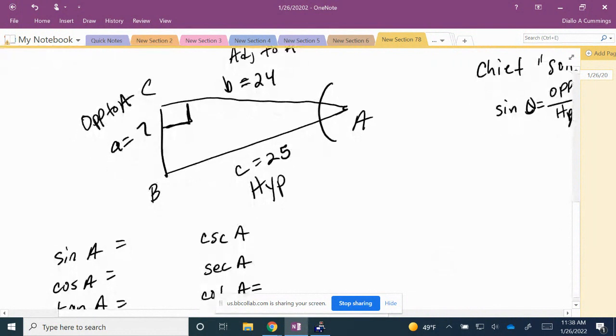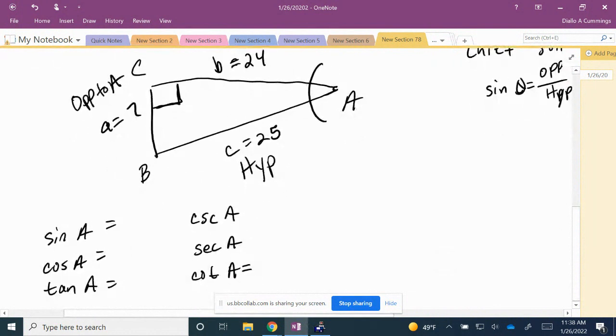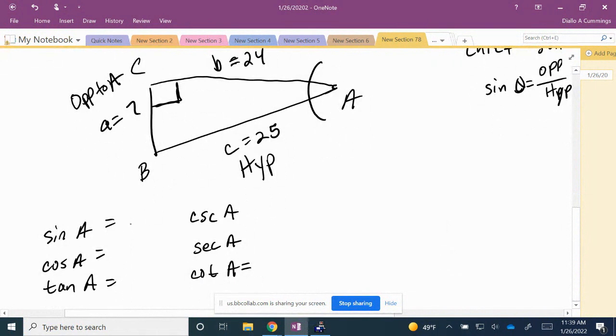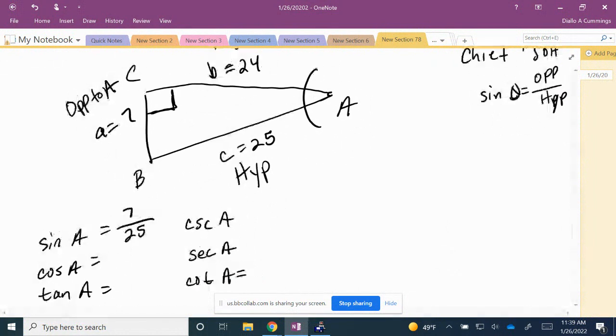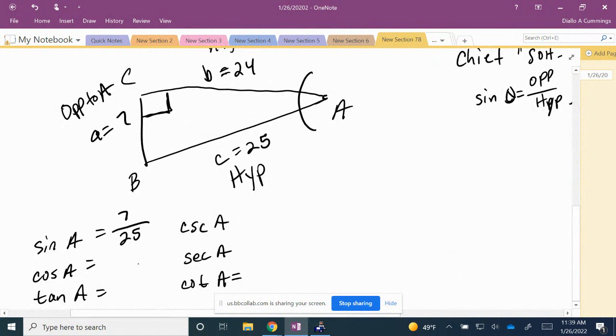So now we're just going to simply list out our trig functions. From CHIEF SOHCAHTOA, the sine is the opposite over the hypotenuse. Our opposite side is 7. Our hypotenuse is 25. So the sine of angle A is 7 over 25. Next, we'll find the cosine of angle A. The cosine is the adjacent over the hypotenuse.